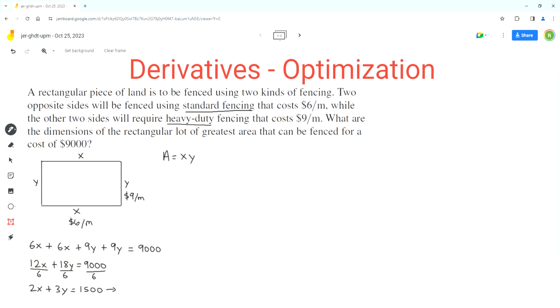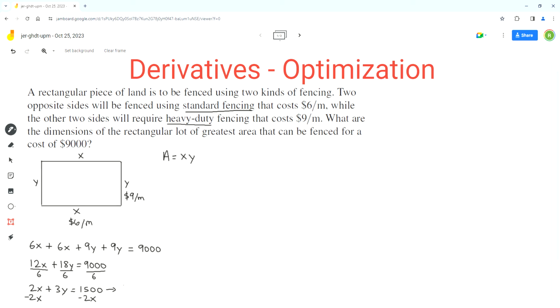We can isolate y by subtracting 2x from both sides. Now in this equation we can isolate either x or y and do the substitution for that variable, but I'm just isolating y. You can also do that for x and do the substitution for x. You'll get the same answer as the final answer for this problem.